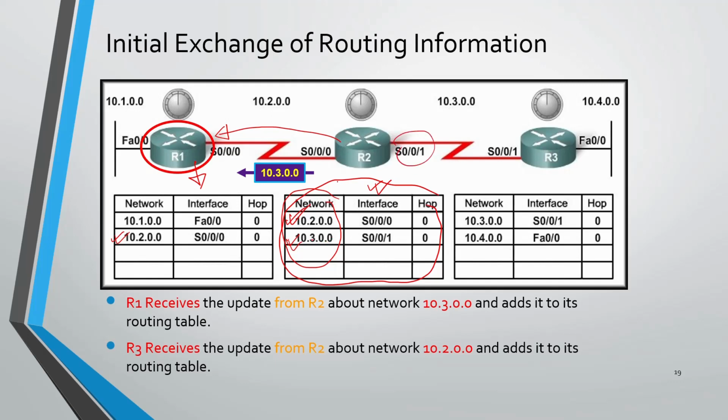This network was not known to R1. Right now, it has received this information from R2. So this information will be added to router R1's routing table. So it enters 10.3.0.0, and the interface from which it has learned this network.